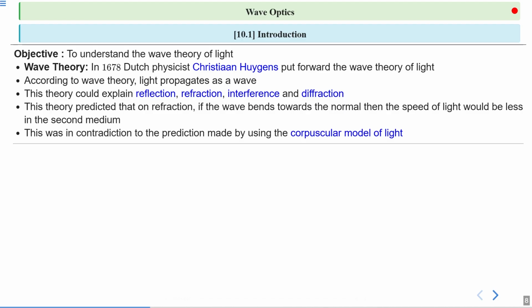This prediction was in direct contradiction to the corpuscular model of light, which suggested that light particles would speed up in the denser medium. This discrepancy was a significant point of debate at that time and ultimately led to further investigations that supported the wave theory.